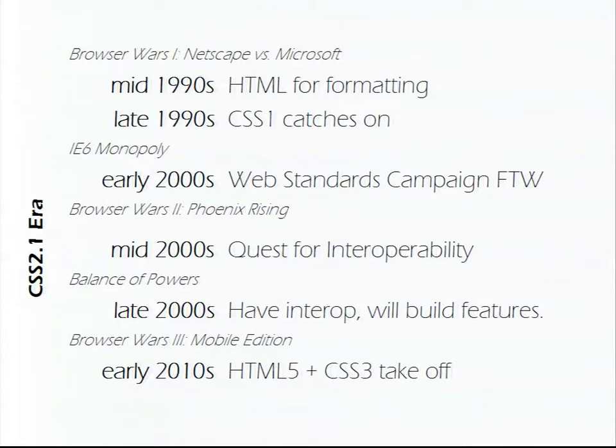And that meant you could build more reliable websites and spend less time hacking around bugs. And as that was winding down, the CSS Working Group and the browser vendors started revving up. Let's start implementing some of the new cool CSS3 stuff. And so that gets us to today, where we have Browser Wars 3, the mobile edition.